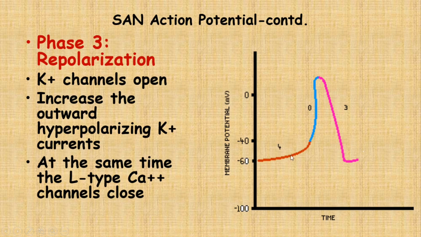At minus 50 level again there is opening of T type calcium channel, wherein the funny channel will close at minus 50 millivolt level, and this T type calcium channel, that is transient type calcium channel, will make the membrane potential more positive because of calcium influx, and it will bring the membrane potential back to minus 40. Again a new action potential is generated.